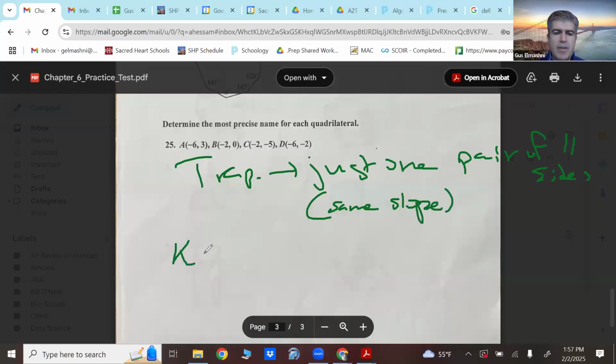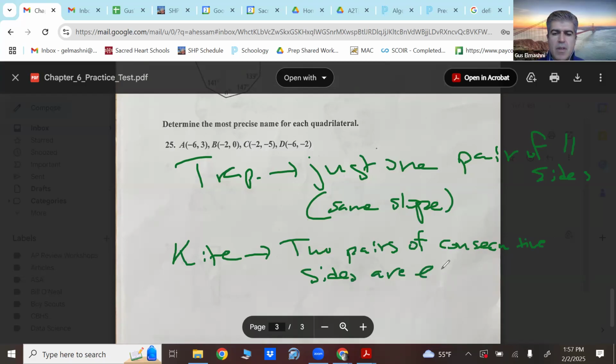And for a kite, sides are equal. That's how I can tell. I mean, the diagram itself should help when you do it, but yeah.